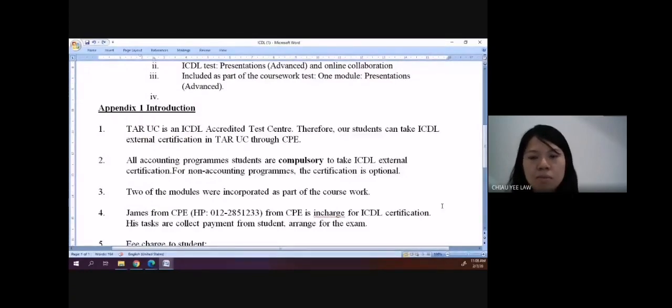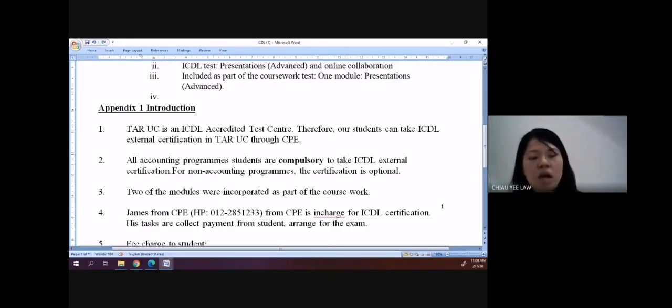Otherwise, when you join degree, you have a problem. You need to take 4 modules together, and the 2 modules are not covered. Or if you fail in the external exam, you are advised to retake.